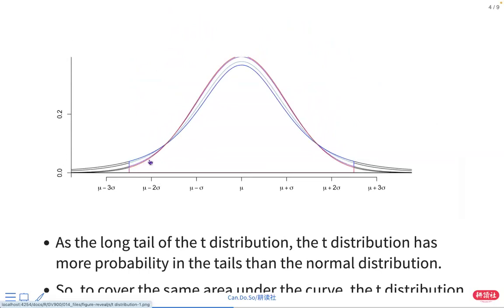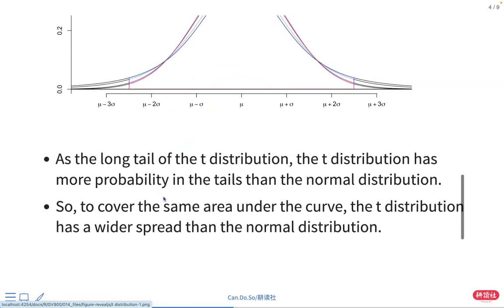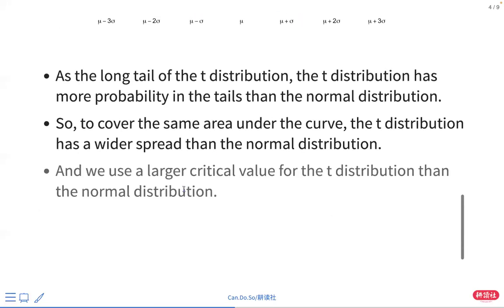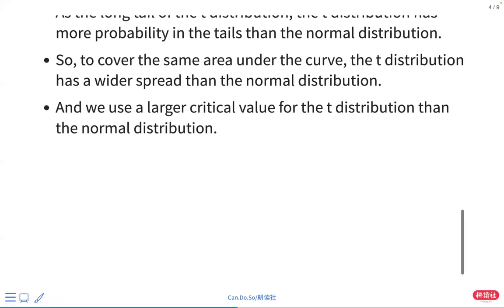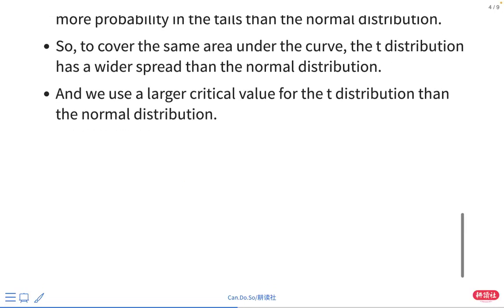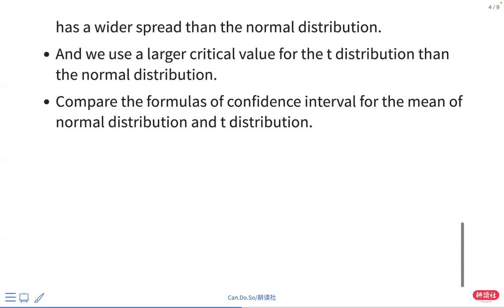The normal distribution is more centered in the middle, and the t-distribution is spread a little more outside. And so we need to use a larger critical value for the t-distribution than for the normal distribution.